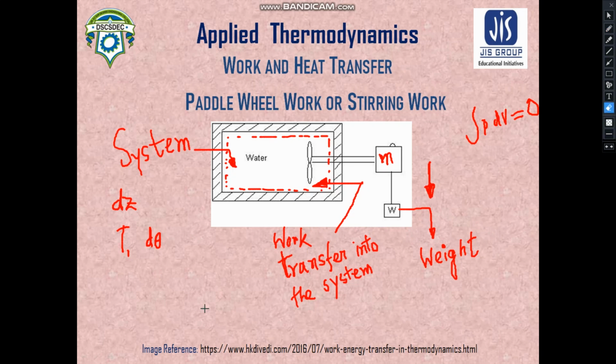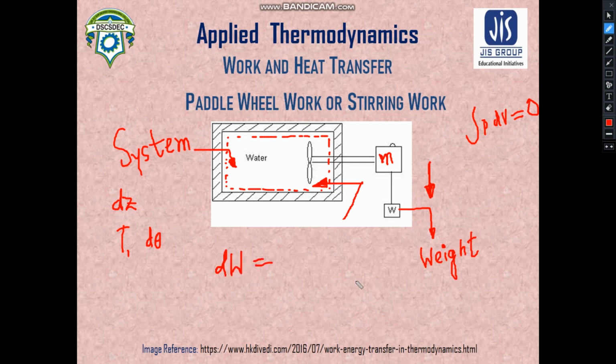So, from the simple concept of work, we can easily say that this dW, as there is a simple change of potential in it, you can easily write mg dz. So this mg dz comes from the change in potential energy. So dz was the distance by which the weight was lowered.